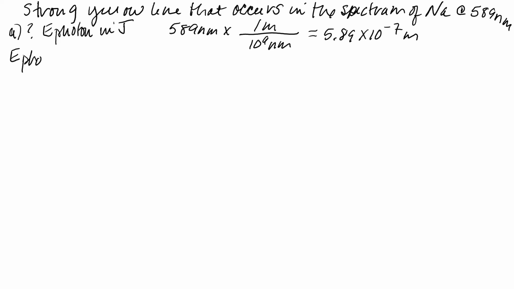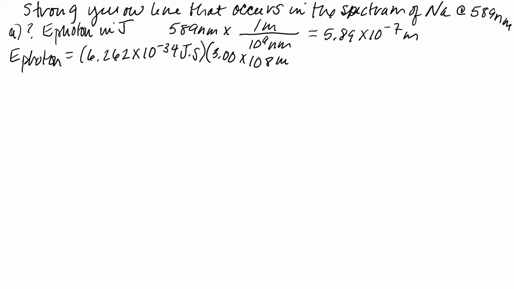So E of this photon, we multiply Planck's constant times the speed of light in meters per second, and divide by the wavelength in meters.